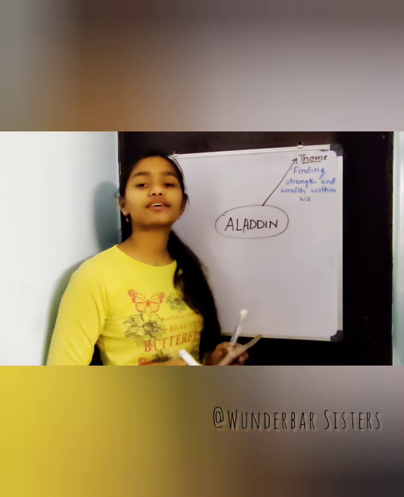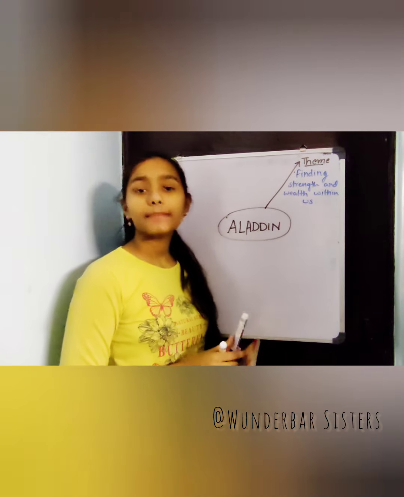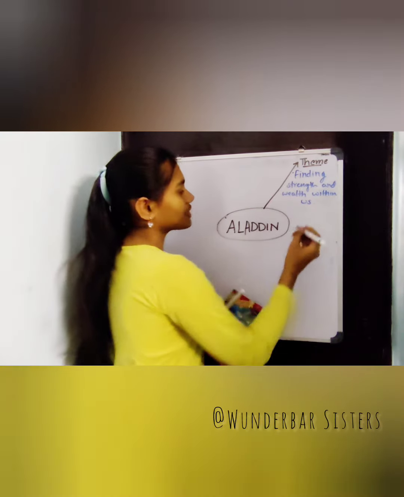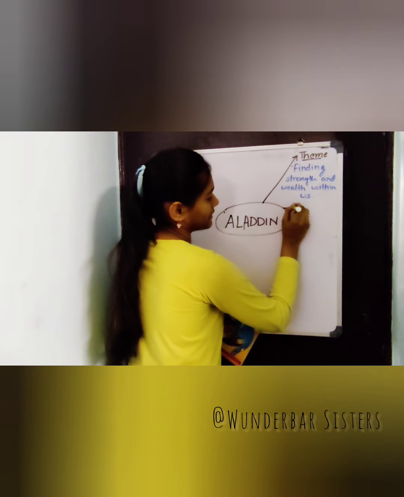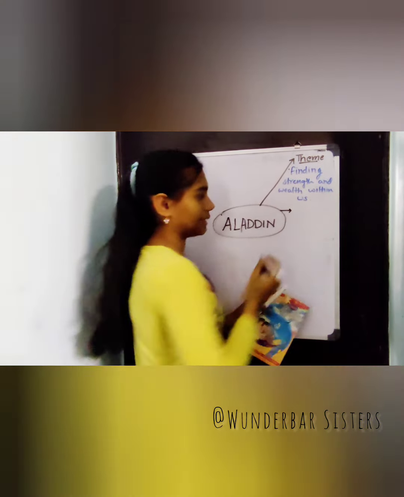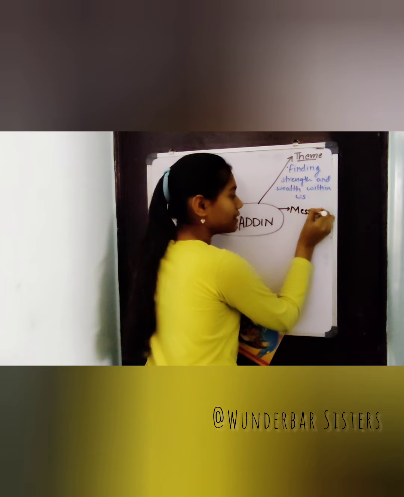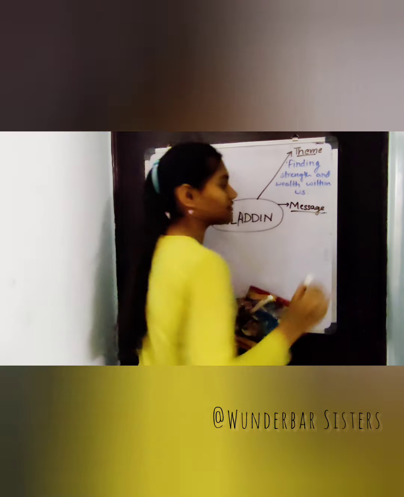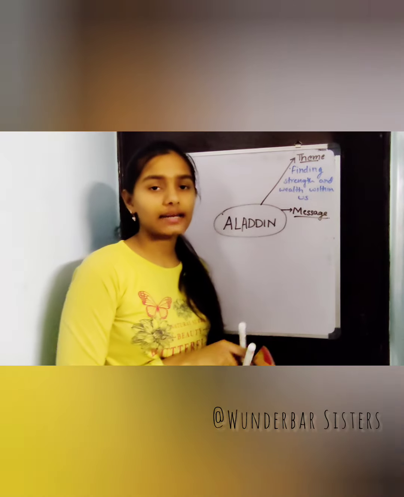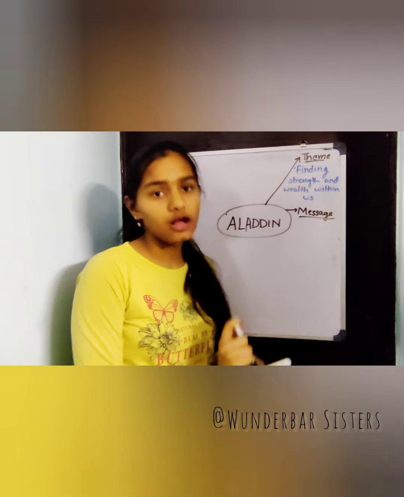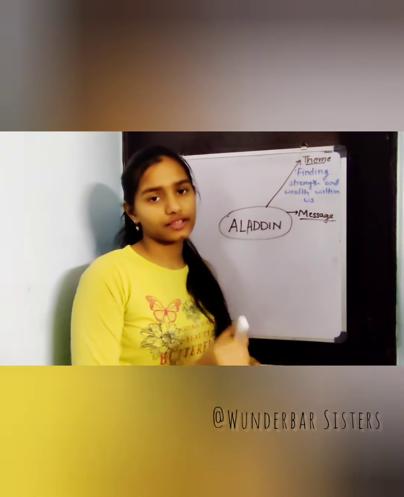So, next thing we're going to move on to is message. Now, people usually get confused between a message and a theme, and that is common. Even I do. So basically, the major difference between a message and a theme is that a message is an example of the theme that is being depicted in a story.